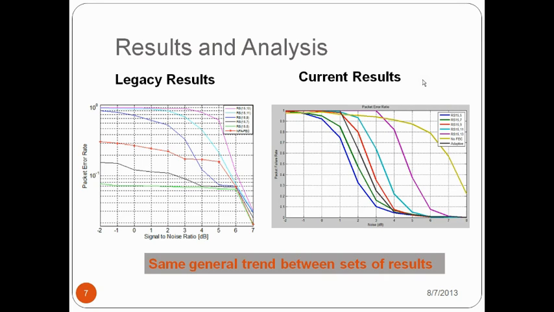And the most important takeaway from these two data sets is the adaptive algorithm, the black on the right and the red on the left, both fall between the 15.9 and 15.7 encoding schemes in both simulations.